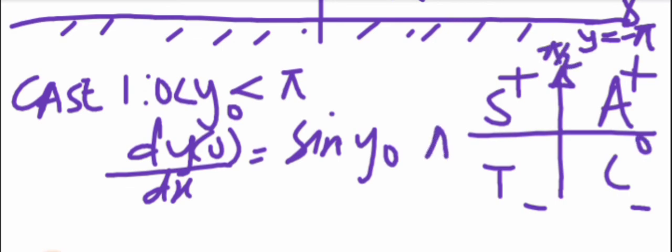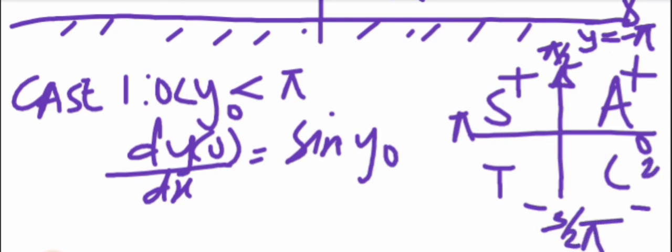This is pi. And then this is 3 over 2 pi. If you come back here, this is 2 pi. I don't think we'll be needing this. Now, if you look at this, the opposite of this is actually minus pi, okay? Just know that. And then what other one do we have? Yeah, that's all.